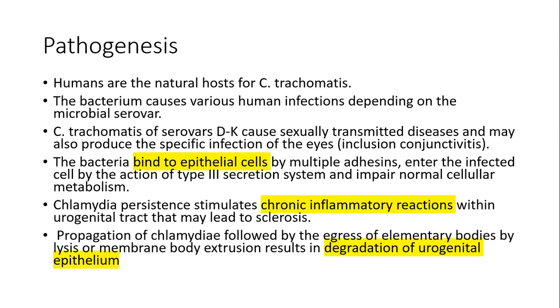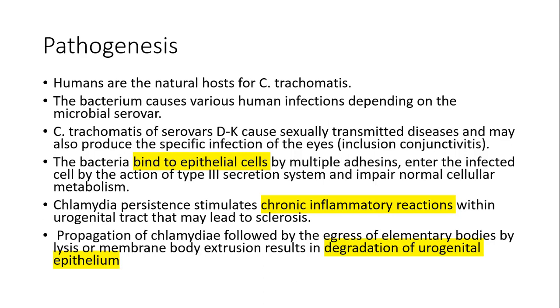Chlamydia adhere to the cell, then enter the cell and start to multiply in the cell, and then they destroy it. That's why they can cause chronic infection. Usually chlamydiosis, especially urogenital chlamydiosis, is a chronic infection because bacteria can survive inside the cell. They can persist a long time in the human body.